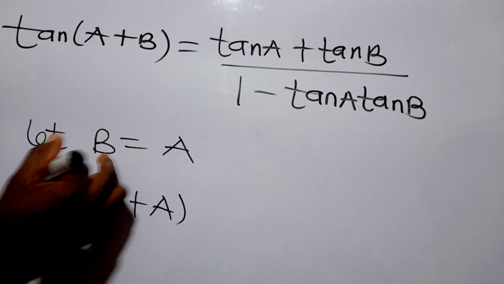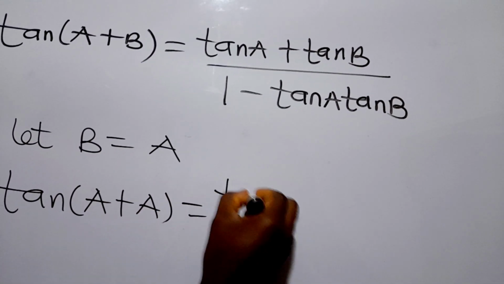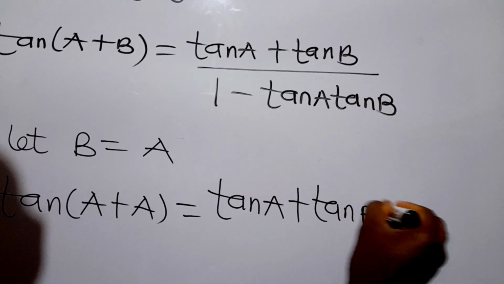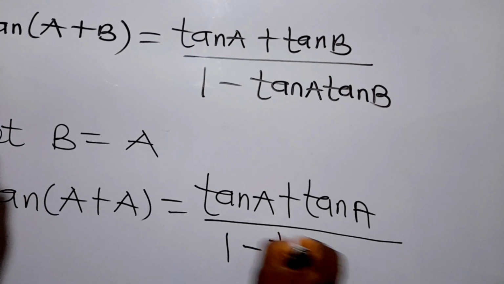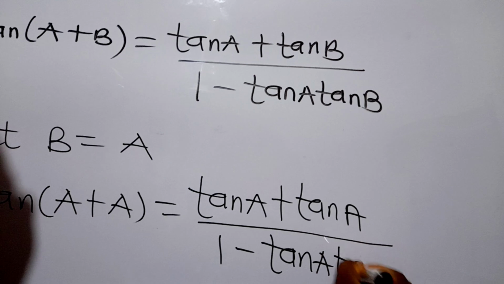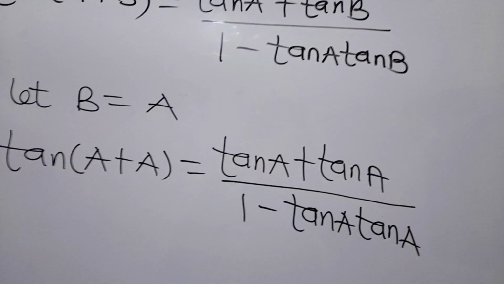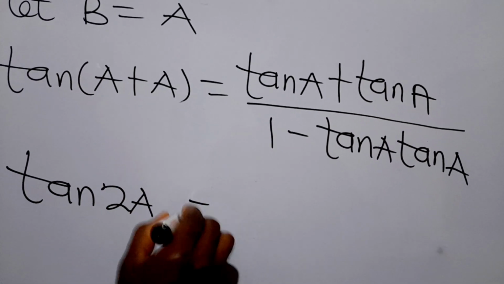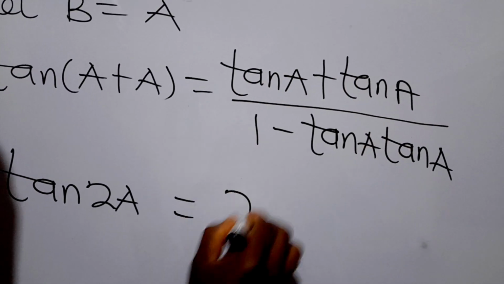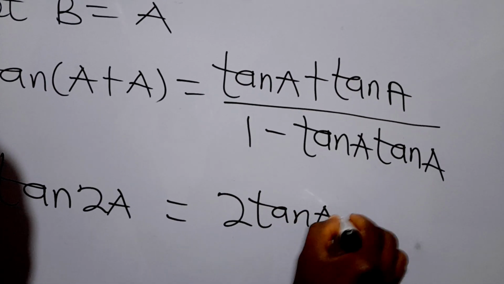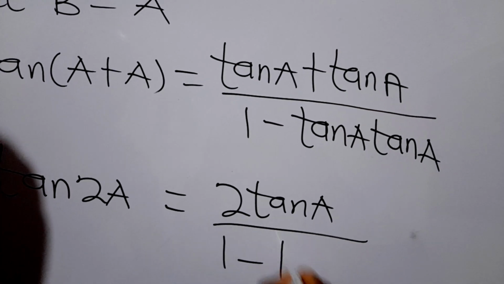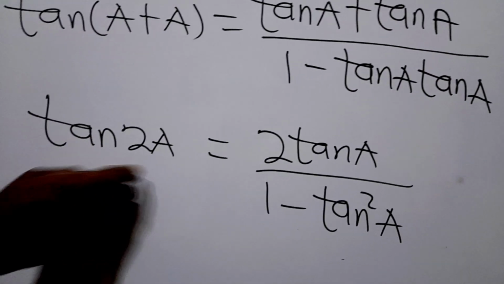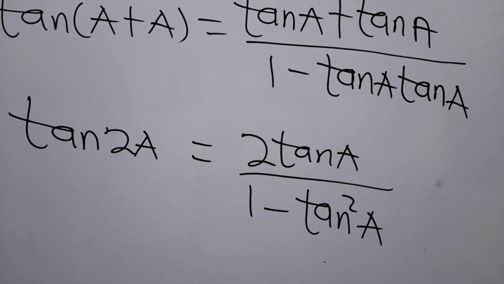That means in place of B we substitute A, and it will be equal to tan A plus tan A over 1 minus tan A tan A. So tan(A plus A) will be tan 2A, which is equal to 2 tan A over 1 minus tan squared A. So you know that tan 2A is equal to 2 tan A over 1 minus tan squared A.